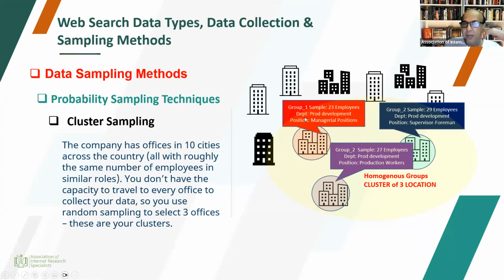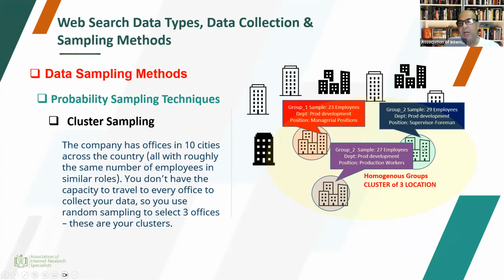And in location one, for instance, it is a product development department, and you're looking for managerial positions. This is another flavor to it. Besides the activities, now we are looking at positions, which is managerial positions, let's say from group one or location one.